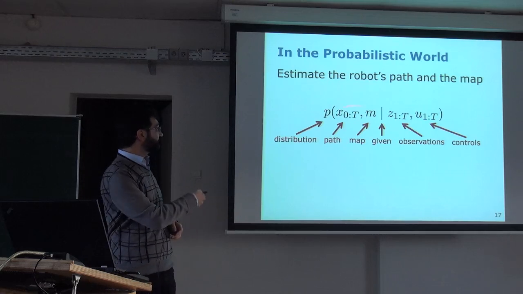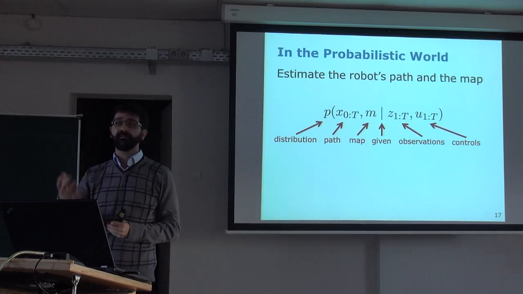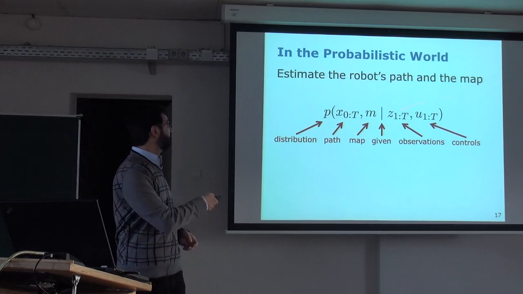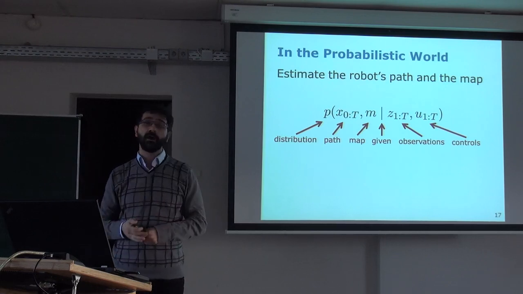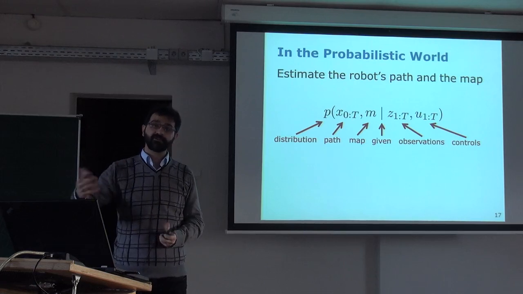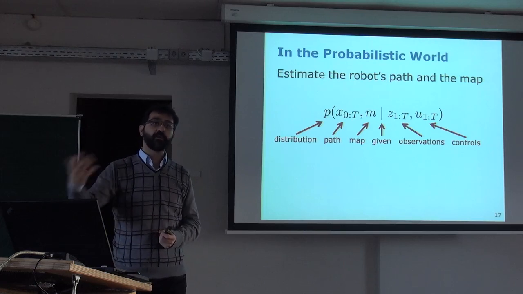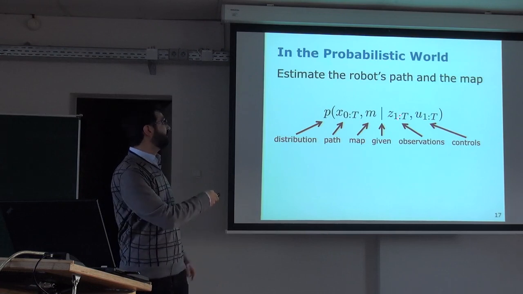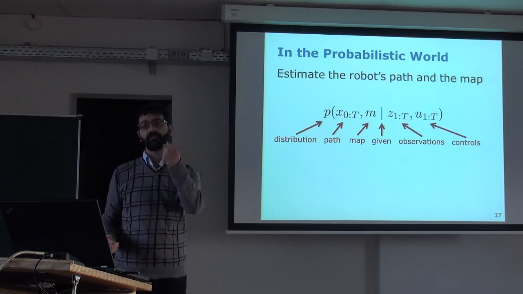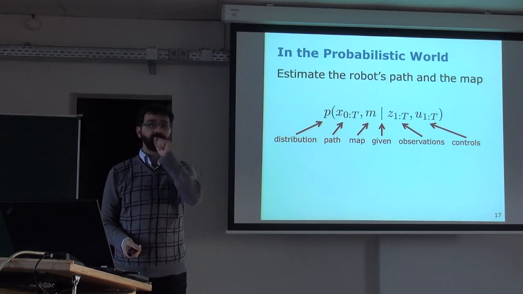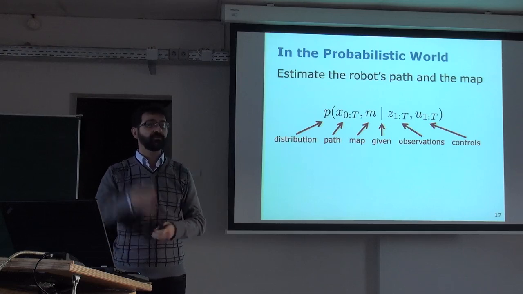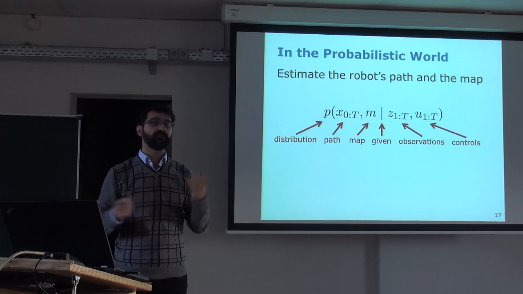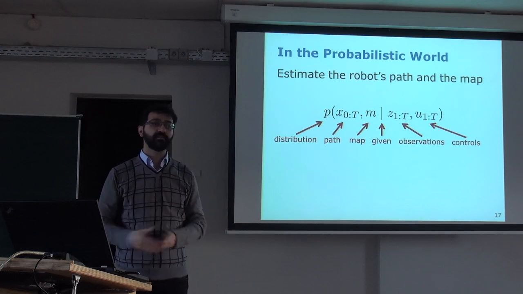The path and the map are the variables in our state, and the Z and U are the observations, the measurements that we collect over time. The indices here are just discrete time indices, because most sensors come with a certain clock, so you get measurements at a certain frequency, like 10 Hertz, 50 Hertz, or so on.